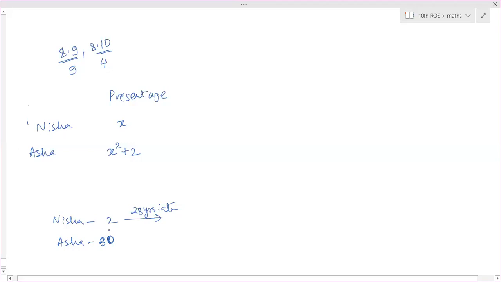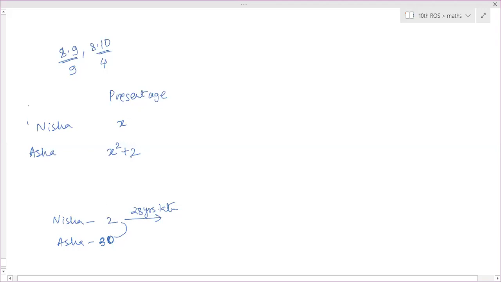So what I did was I subtracted Asha's age and Nisha's age. That's it. That means 28 years, how you got? You subtracted 30 minus 2, then you got 28. The same thing you have to do here.